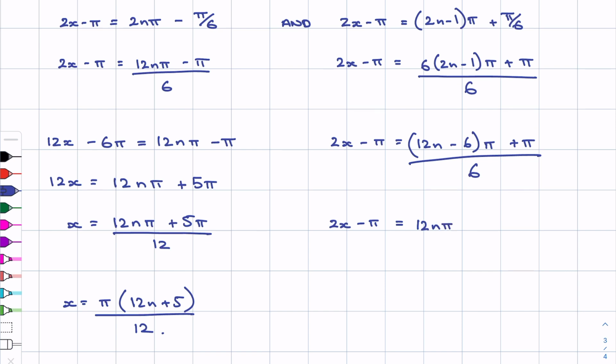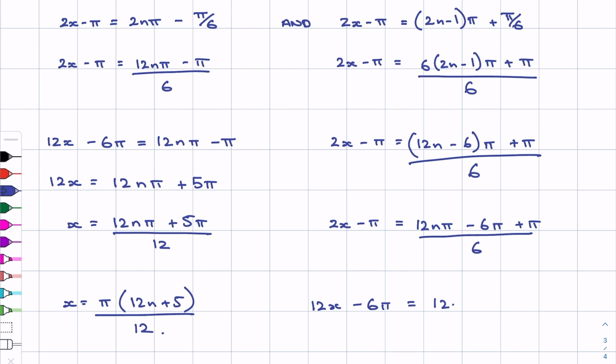12n pi minus 6 pi plus pi all on 6. I'm going to do a couple of steps here together. So 12x minus 6 pi, that's just bringing this 6 up to the other side.